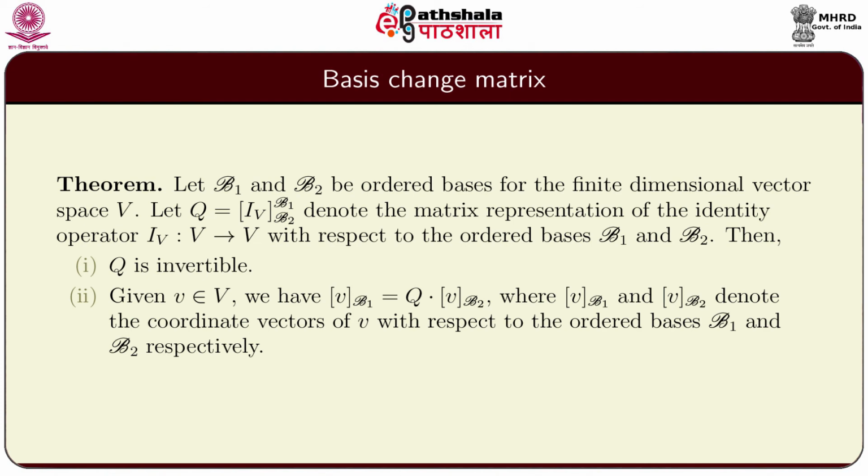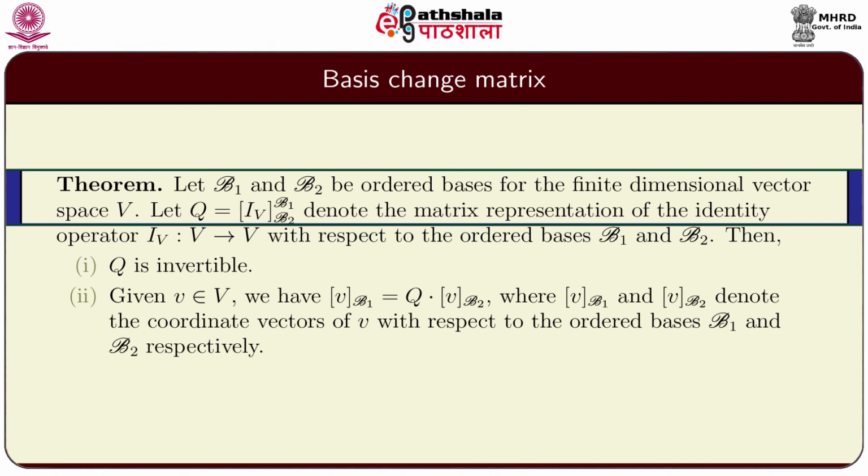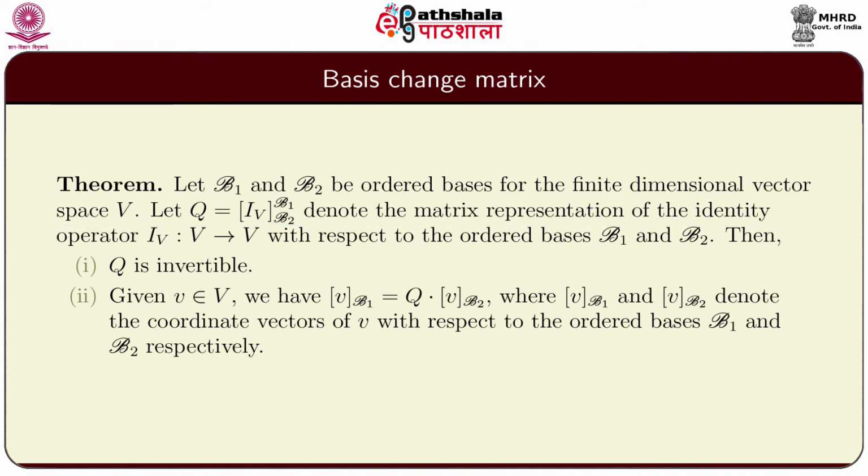We now prove this theorem. Let B1 and B2 be ordered bases for the finite dimensional vector space V. Let Q denote the matrix of the identity operator I_V with respect to the bases B2, B1.